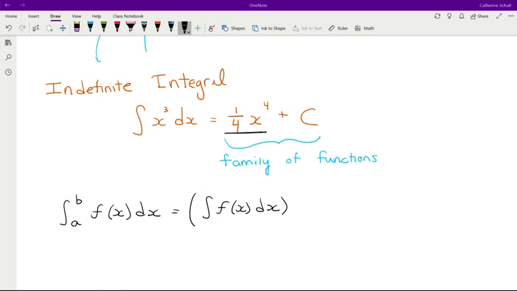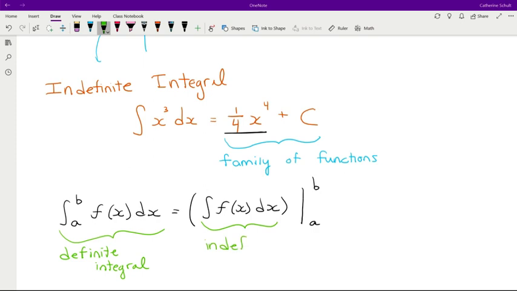It really represents all antiderivatives. And then we evaluate that from A to B. All right, so that's how we relate the definite integral to the indefinite integral.